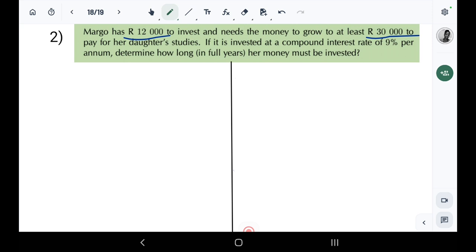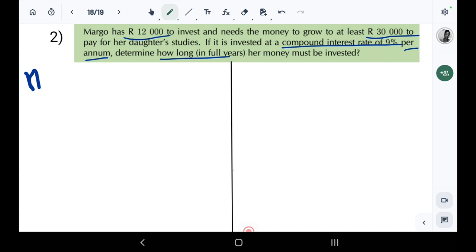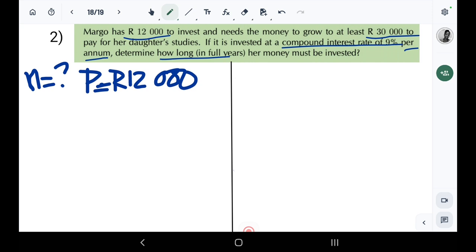If it is invested at a compound interest rate of 9% per annum, very important, determine how long in full years her money will be invested. How long is n. That is the question.